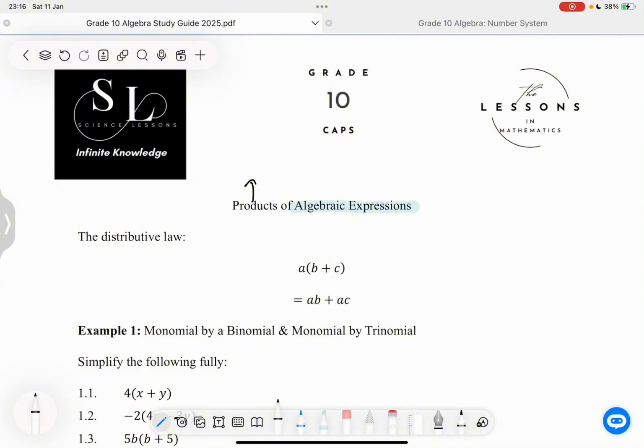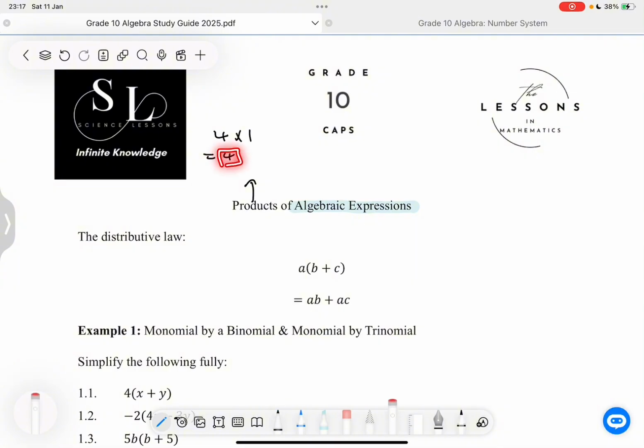A product is a number that is obtained from multiplication of numbers. So if you multiply two numbers, the number that we get, we call that number a product. For instance, if I multiply 4 and 1, I get a 4.